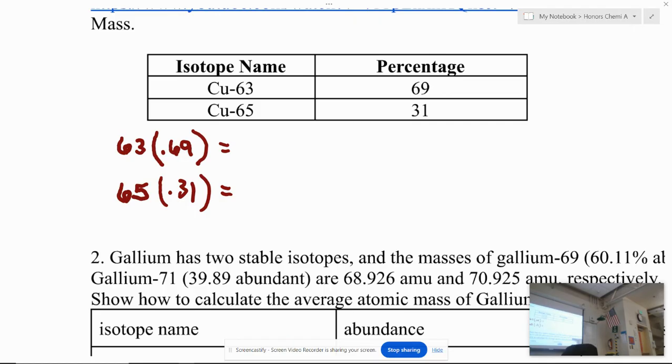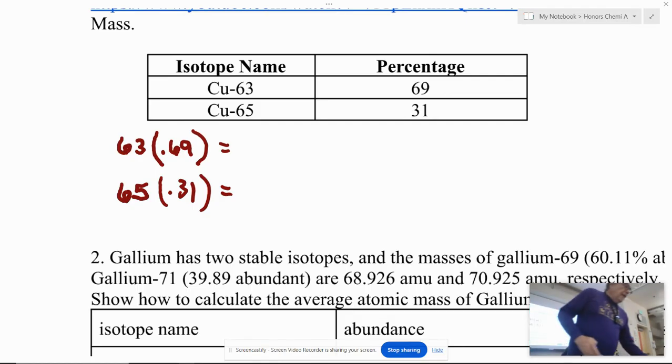We've got more calculators if you don't have one. Who needs a calculator still? Right there. Anybody else need a calculator? There's still more up here. If you need one, just come on up here and grab it.